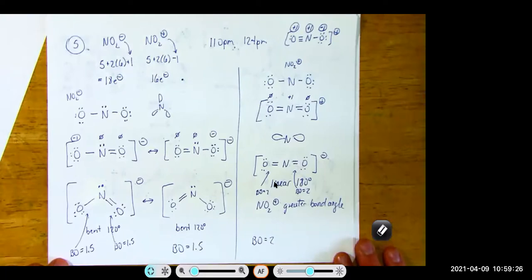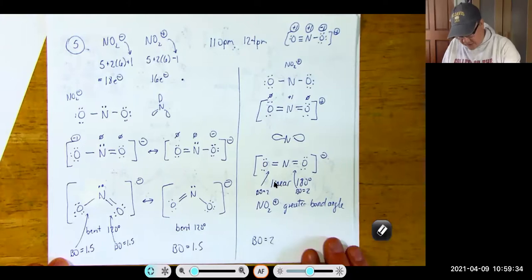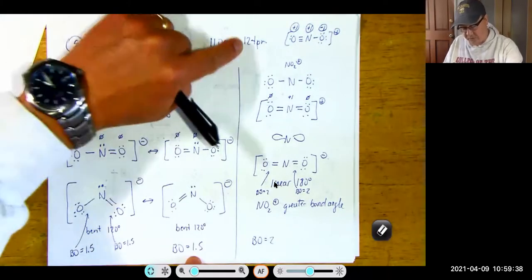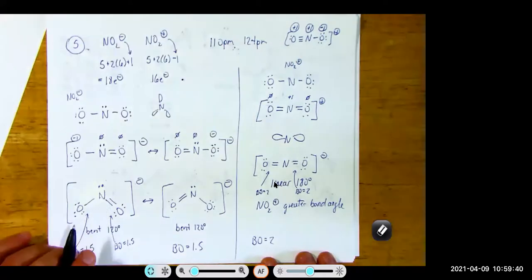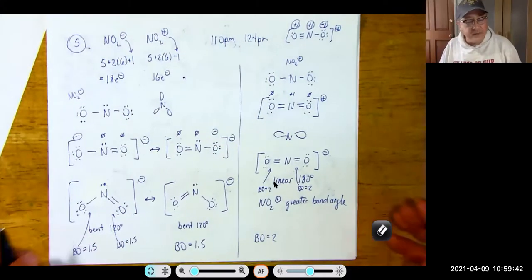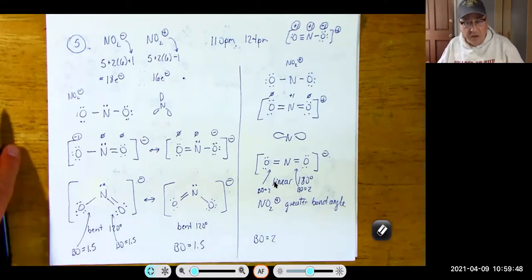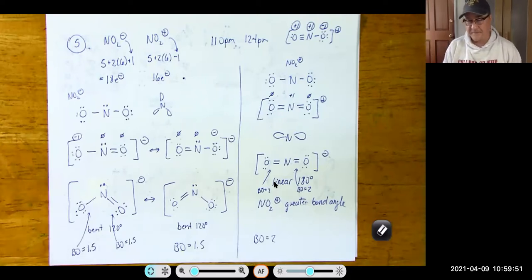The smaller one will correspond with the smaller bond order. So you think 110 goes with 1.5, 124 goes with 2? Right, because it's just the length. It's the length, but what can we say about bond order and length? What's going to have a longer length, large bond order or small bond order?